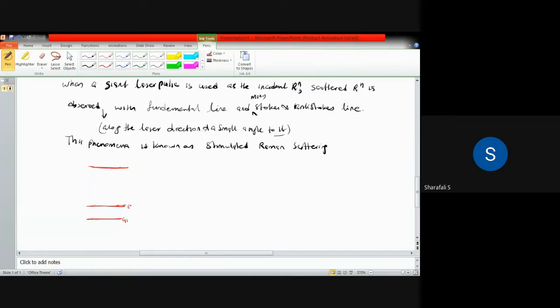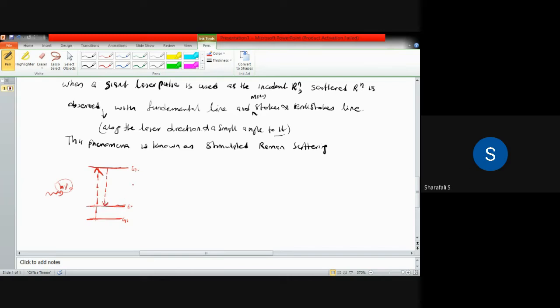This is an excited state. This one is also excited, a virtual excited state. So when you have one h nu 0 incident radiation, in the case of the normal Raman effect, we have this kind of excitation from the ground state, and it will be coming back to this higher energy level.